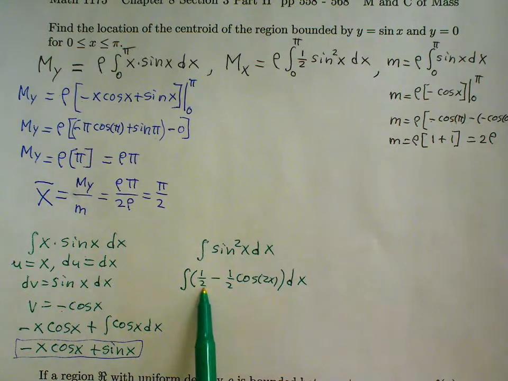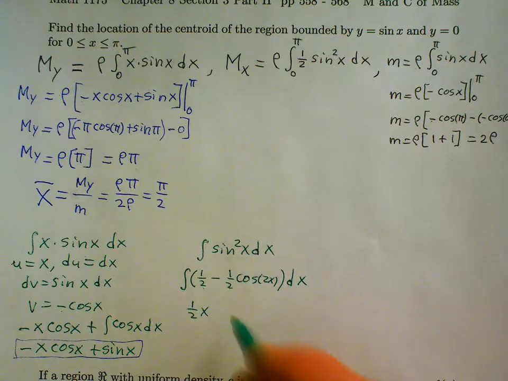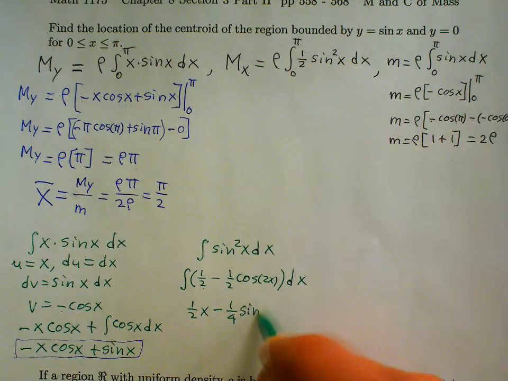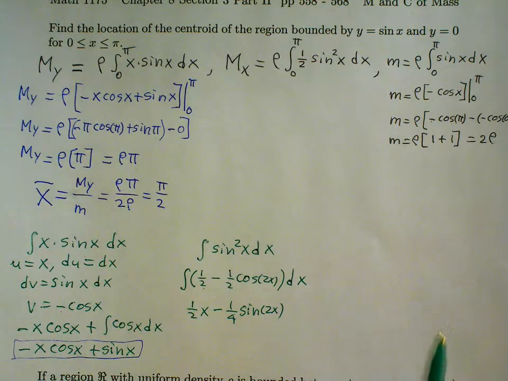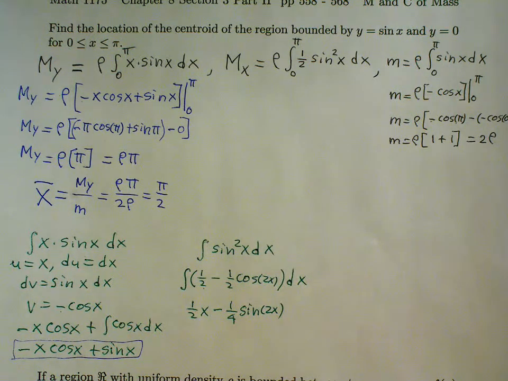And then an antiderivative of this is 1/2 x minus 1/4 sine of 2x. Okay, so we'll use this for the antiderivative up here.